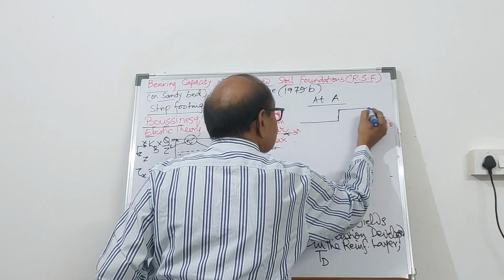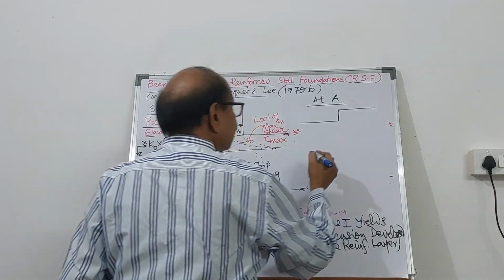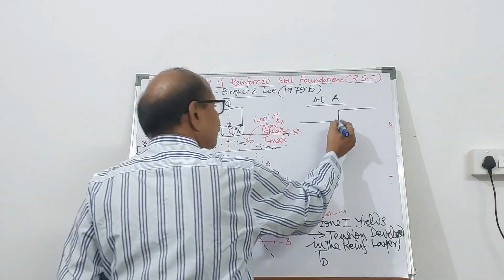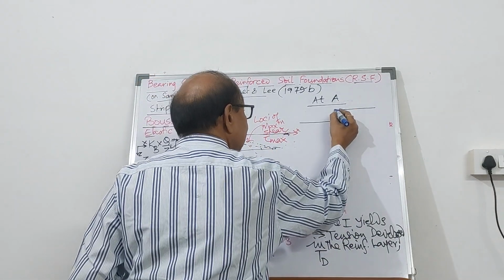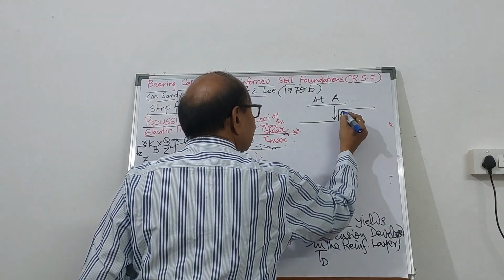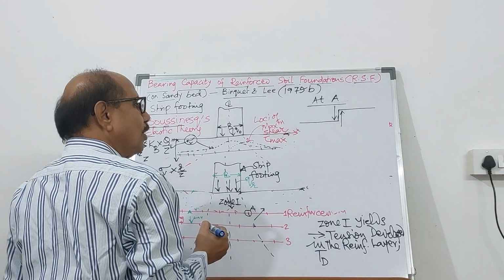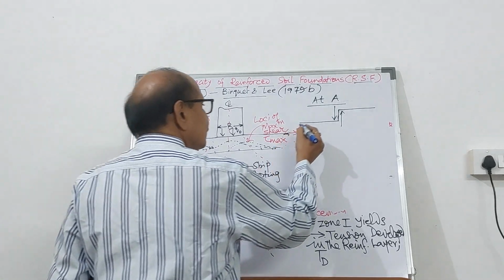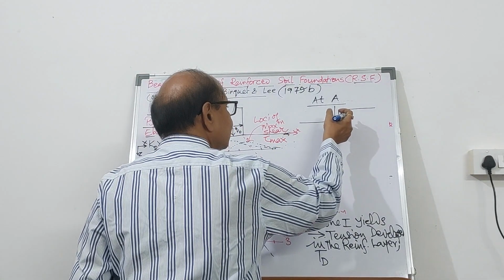It will bend like this. There is going to be a kink. There is going to be the vertical pressure and an upward reaction. This is going to create a moment.